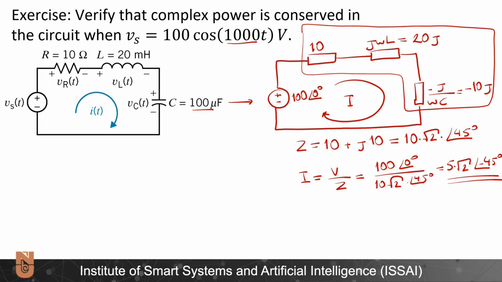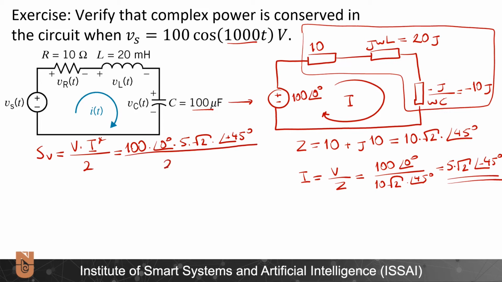Let me continue by finding the complex power delivered by the source. So that will be Sv equal to V times I conjugate divided by 2. And this will be equal to 100 with an angle of 0 times 5 times square root of 2 at minus 45, which will be plus 45 because it is the conjugate, divided by 2.